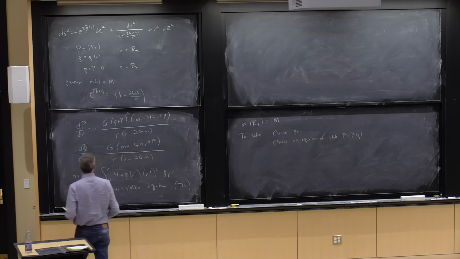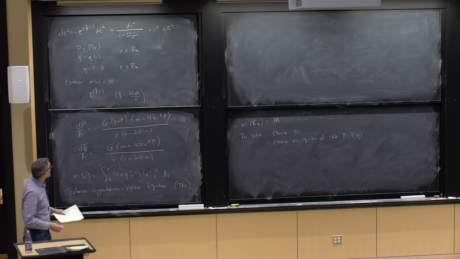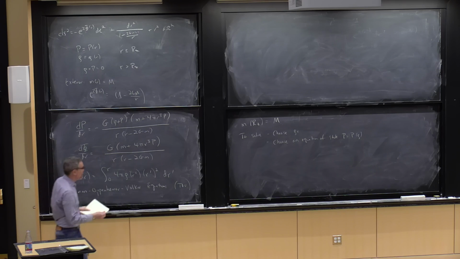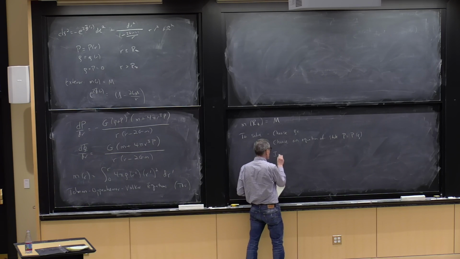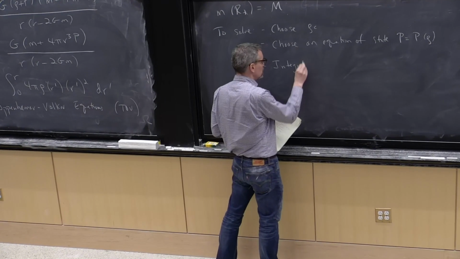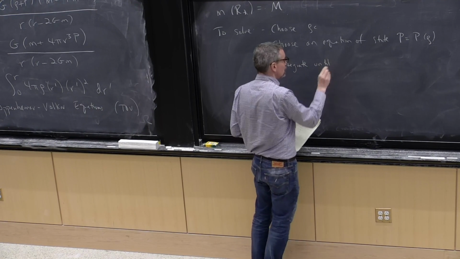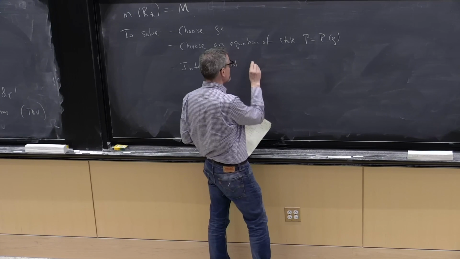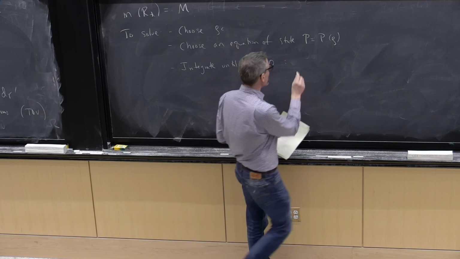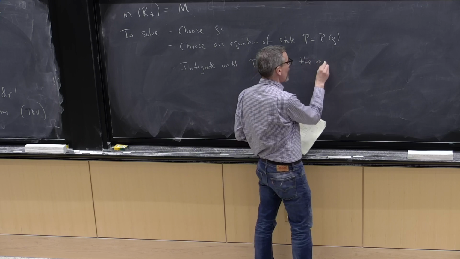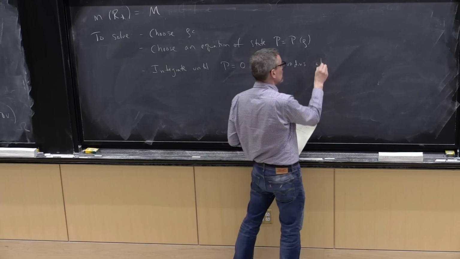We'll talk about that a little more later in this class. And then you just start integrating until you find that the pressure equals 0. The radius at which this occurs defines the star's surface.